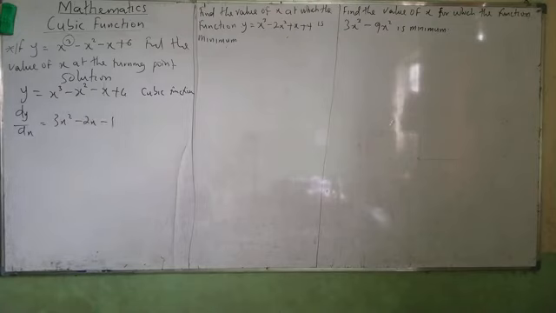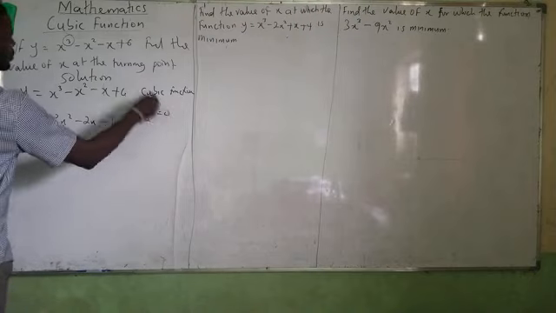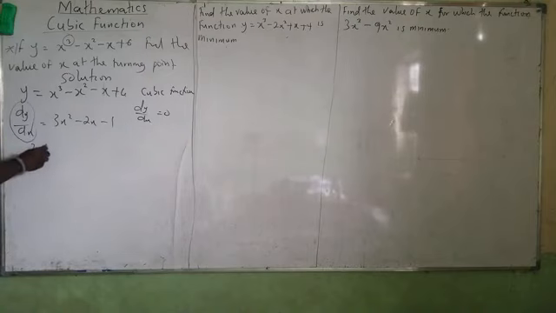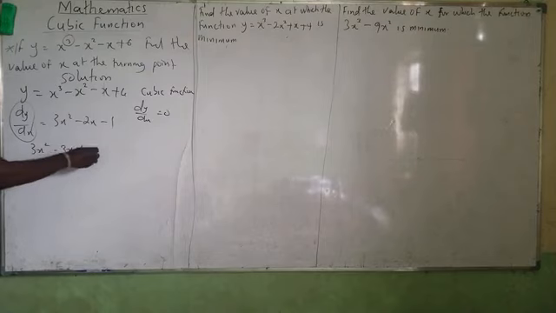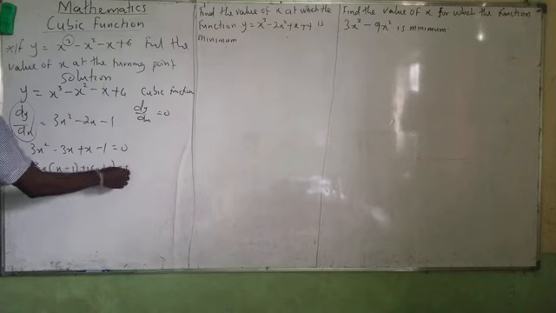That is the function, which I will now equate to 0, which is what I explained in the previous video, because at a turning point, dy/dx equals 0. So I'll be working on 3x squared minus 3x plus x minus 1 equals 0. Factorizing, 3x bracket of x minus 1, plus 1 bracket of x minus 1, equals 0.